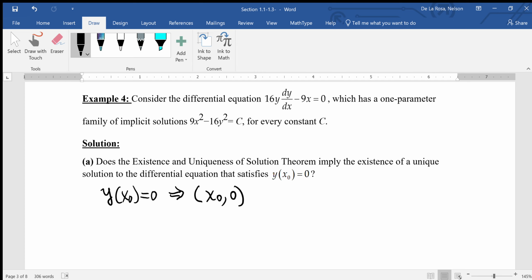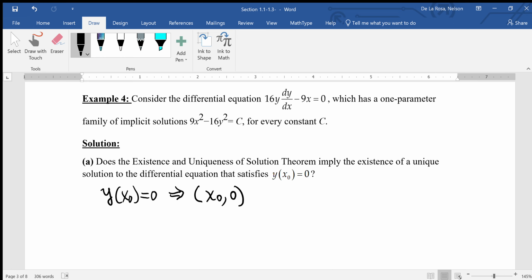So, the premise. Does the existence and uniqueness theorem imply the existence of a unique solution to this ODE, ordinary differential equation, that satisfies the condition?